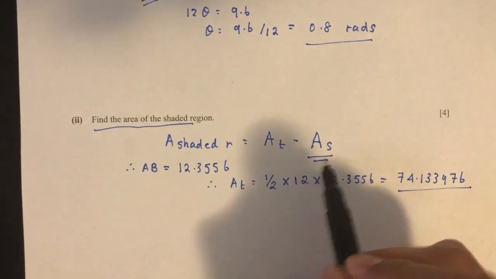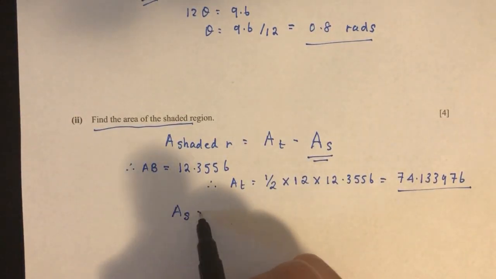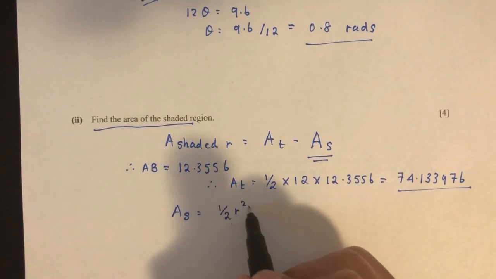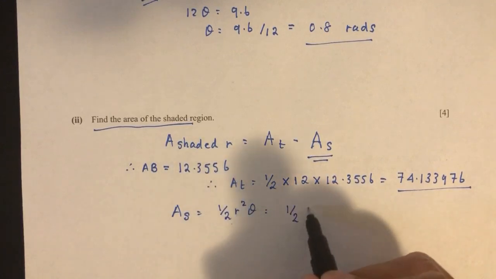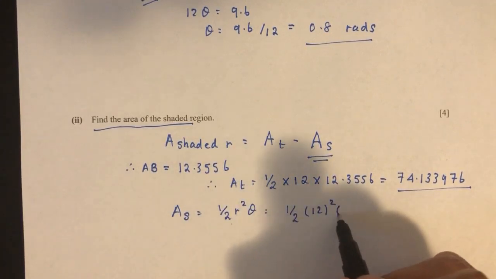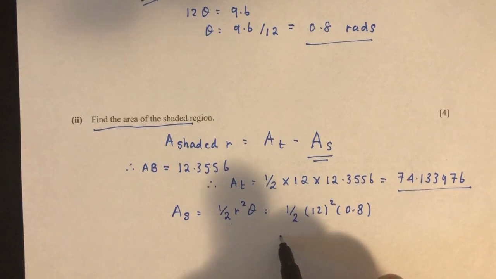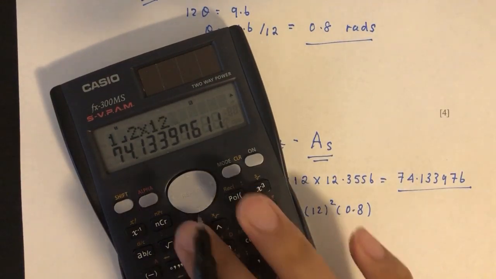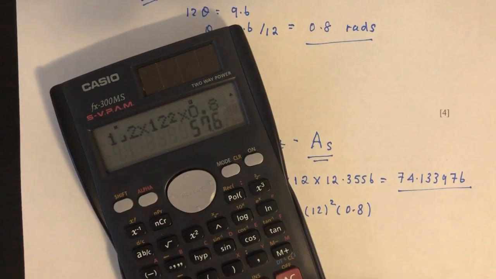So what is the area of sector? We know the radius is equal to 12, so pretty easy. It's half r squared theta. Half r squared is half times 12 squared, theta is 0.8.